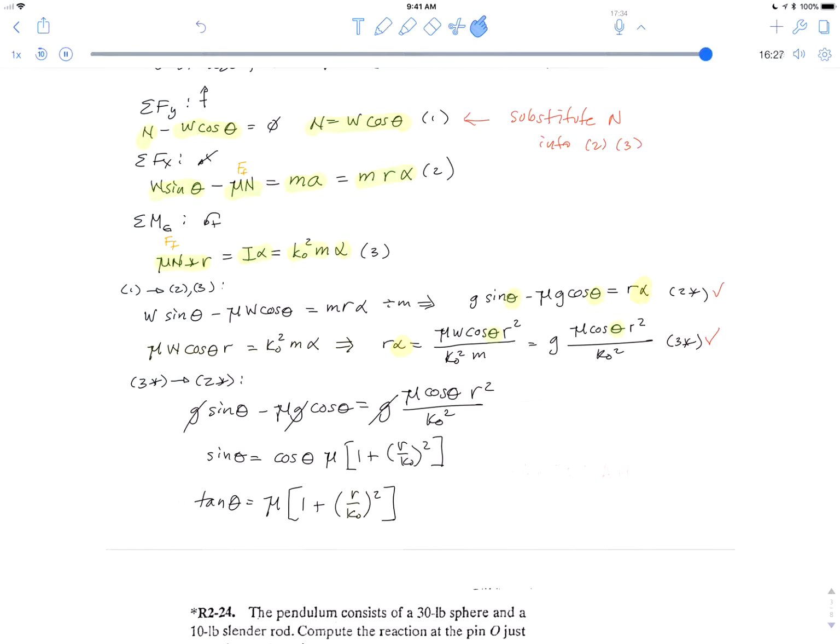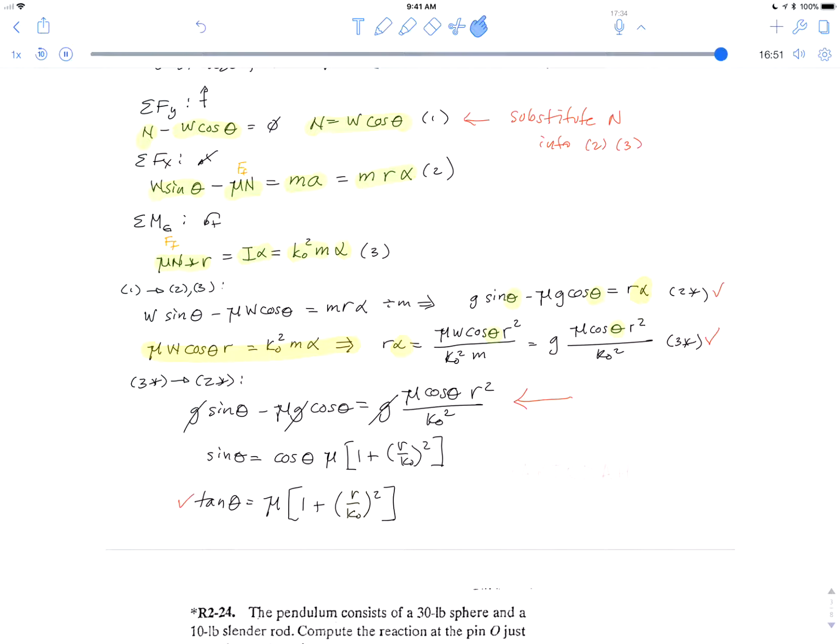I took this equation here and I solved it for R alpha, and then I took that R alpha and put it back into equation 2, and that ended up with this. You see the g's canceled out. You can factor out, you put all the sine theta on one side, the cosine theta on the other side, and then you divide by cosine theta and you get tangent theta.